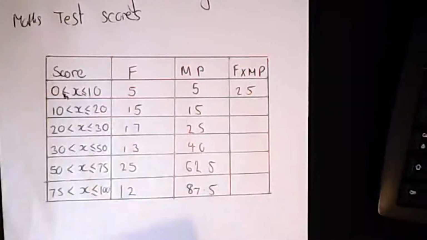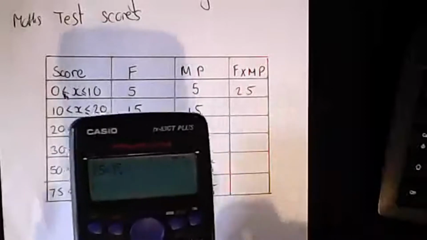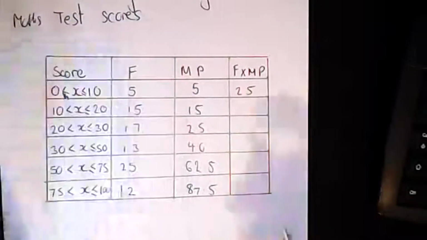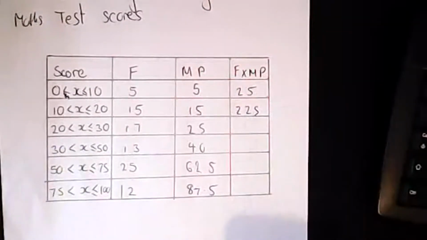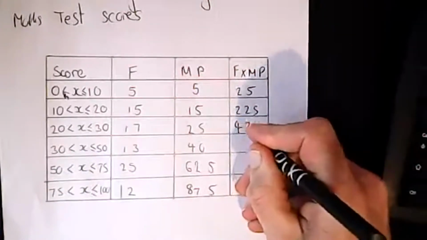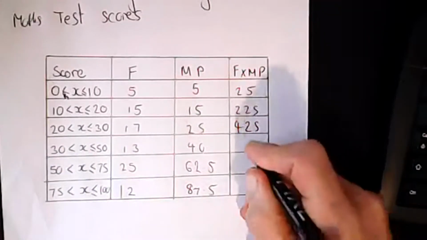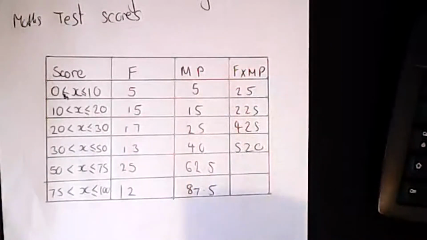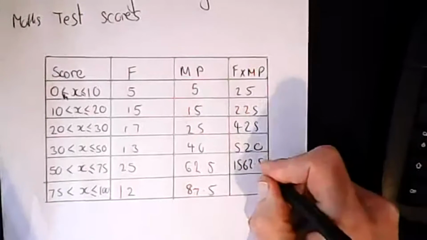And you can see the numbers getting bigger here. So this is definitely a calculator question. Alright, so 15 times 15. If you've got pen and paper in front of you, have a go yourself at these. I'll just fill these in, multiplying those two across. 425, 520, 1562.5.